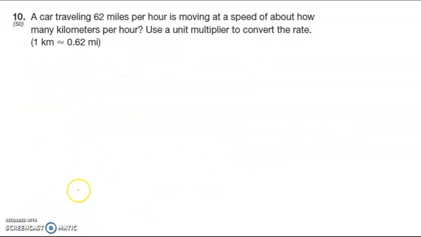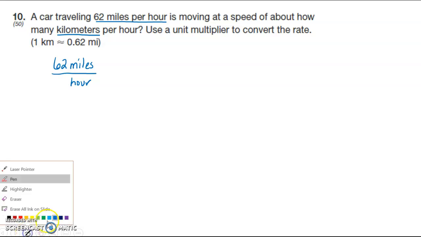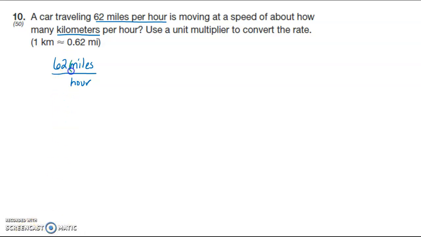All right. This is not a starred problem, but we're going to do it anyway. It says a car traveling at 62 miles per hour, that's 62 miles, the per line, an hour, is moving at a speed of how many kilometers per hour? So the only thing I want to change is this.